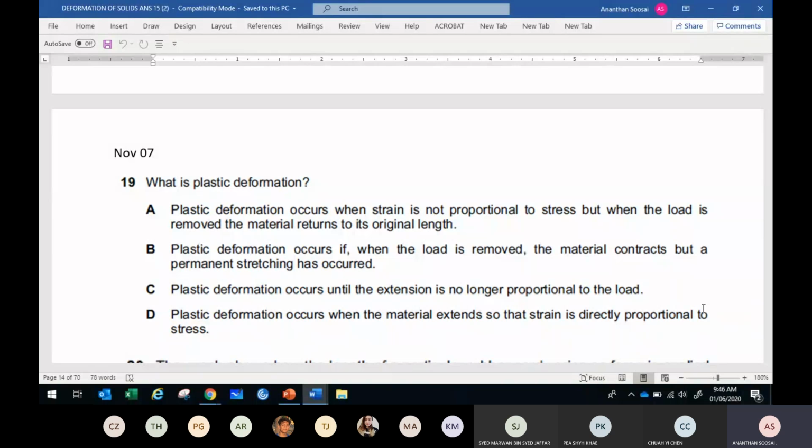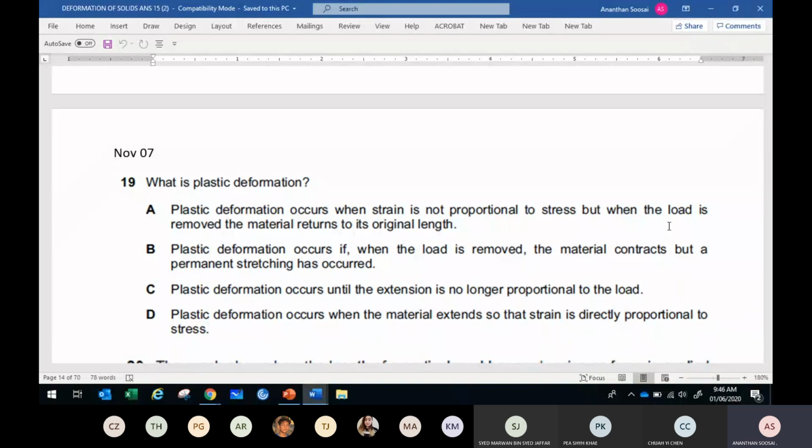When the load is removed, the material contracts, but permanent stretching happens. Answer A: plastic deformation occurs, strain is not proportional to stress, but when the load is removed the material returns to original length. No, it's wrong; it never returns to original length for plastic deformation. C: plastic deformation occurs until the extension is no longer proportional to the load.